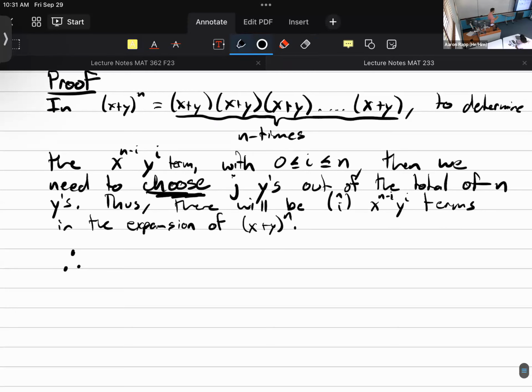Therefore, if I go through every possible option of i, starting at 0 all the way up to n, and I add them all together, I'll get my binomial expansion.